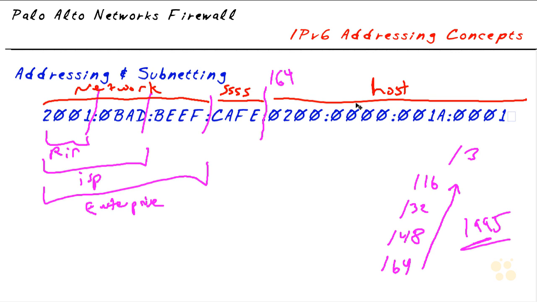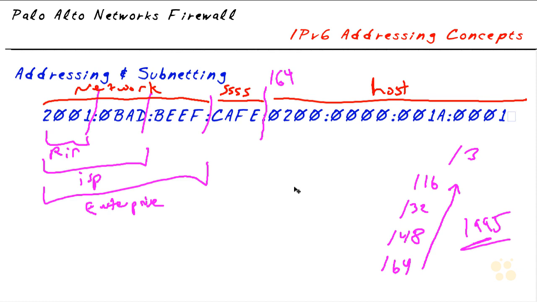It's exactly the same concept as what I do in IPv4. I have my overall network that I'm given. I have whatever subnet, VLSM. I can draw the line wherever I feel like, but I'm drawing my line, and then I have my host bits on the other side of that. That's the concept of subnetting. So the good news is I don't have to do anything different. At a binary level, it's going to work exactly the same in IPv6 as it does in IPv4.